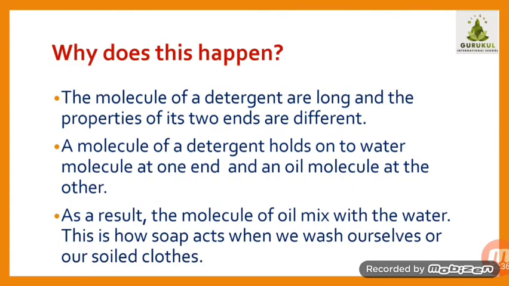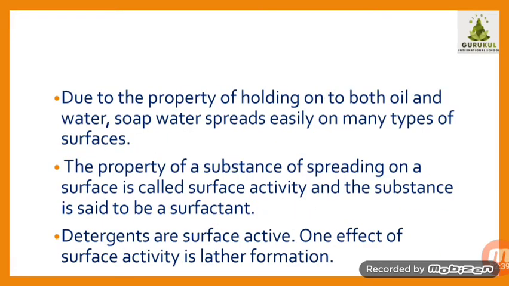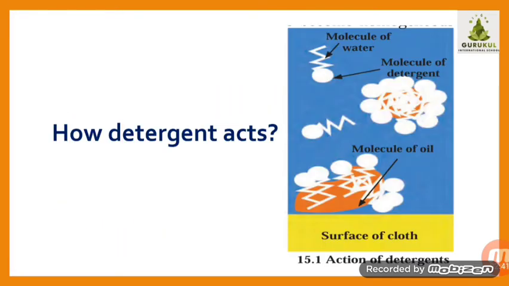To understand this, we are going to see one diagram: how detergent acts, the action of detergent. You can see in the figure there are white colored molecules of water and molecules of detergent. Now how do these molecules of water get attached to the molecules of the oil with the help of detergent?